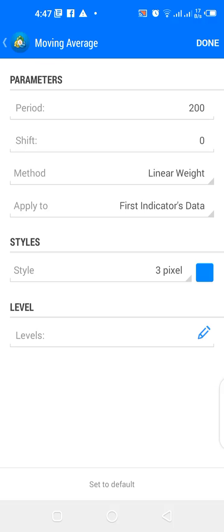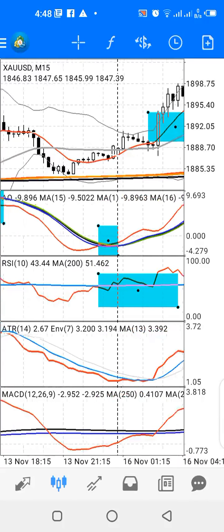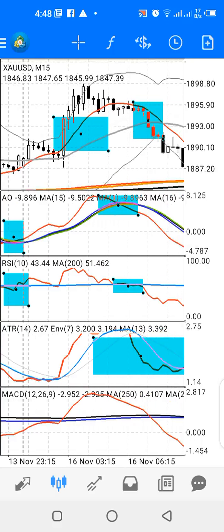Method is linear weight. Applied to first indicator's data. And the color is blue. And don't forget, I said when the red RSI line crosses above the blue moving average, you have your buy, and it crosses below, you have your sell.